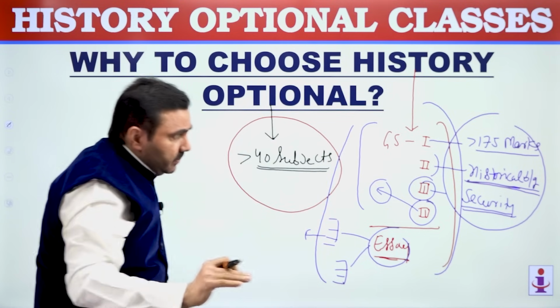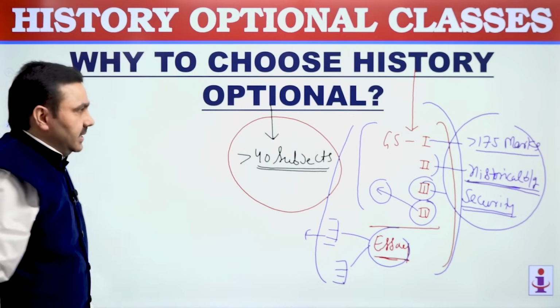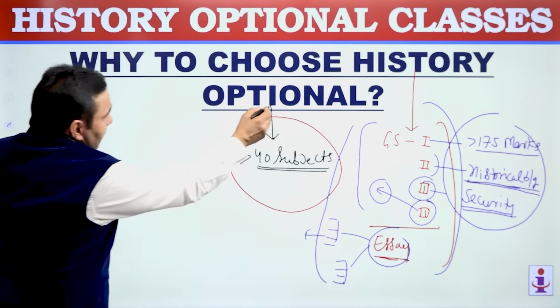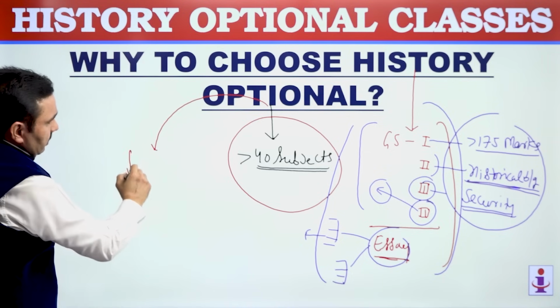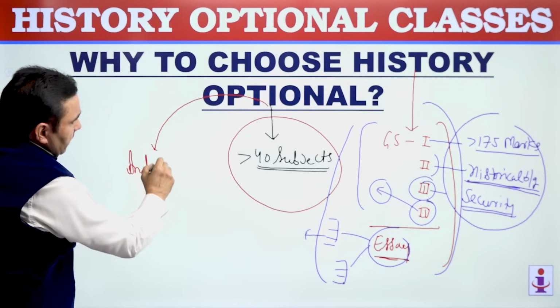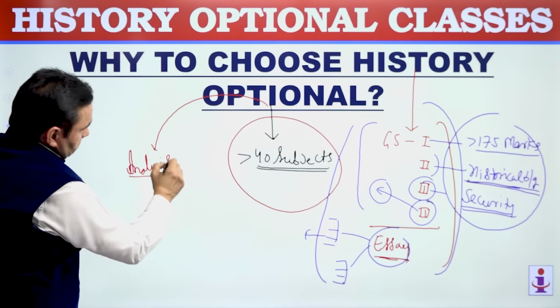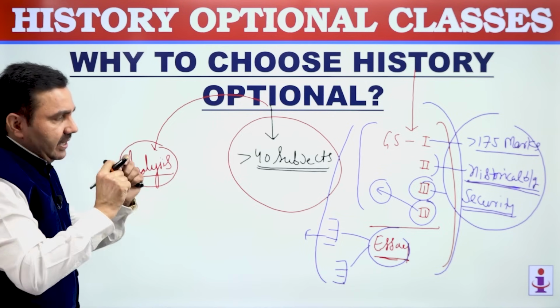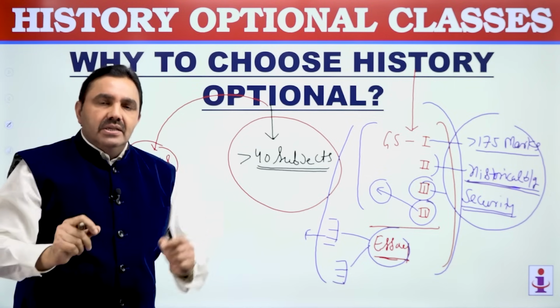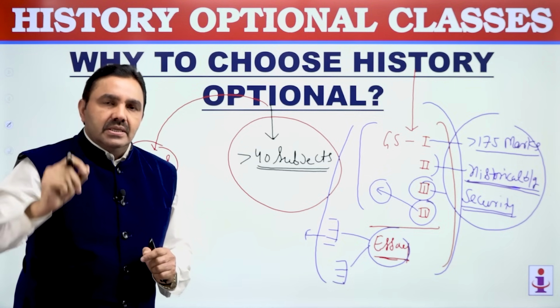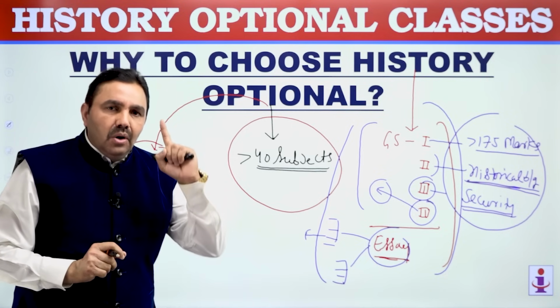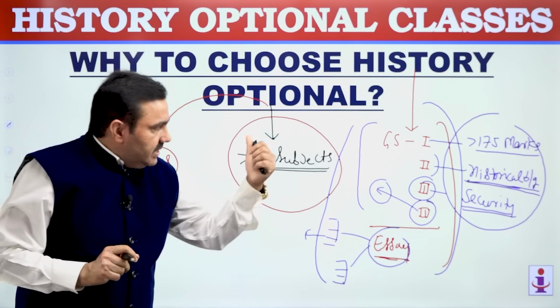The most important relevance of history optional is that history is the only subject that teaches you analysis. In history, you learn how to analyze something. You develop your analytical power, and any answer you write in any paper of GS, you have to apply these analytical skills, which the only subject that teaches is history optional.